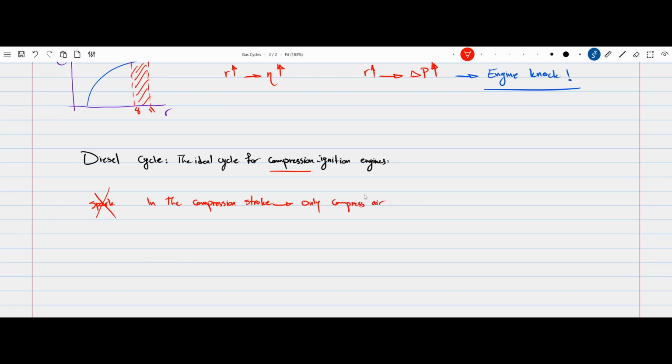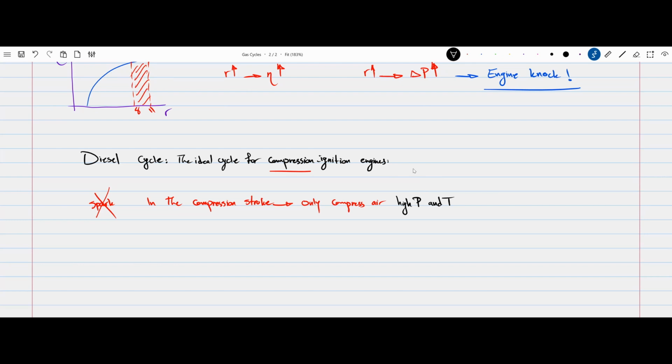Now, this compressed air is experiencing high pressure and high temperature. Now, at this moment, when the piston is at the TDC, top dead center, we inject the fuel into this high pressure, high temperature air. The moment you do that, because of the high pressure, the fuel starts to combust.